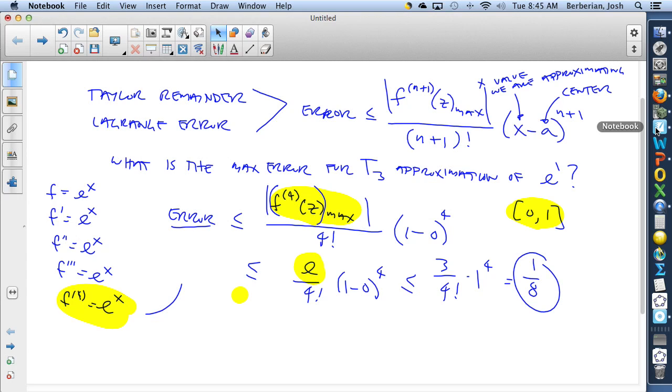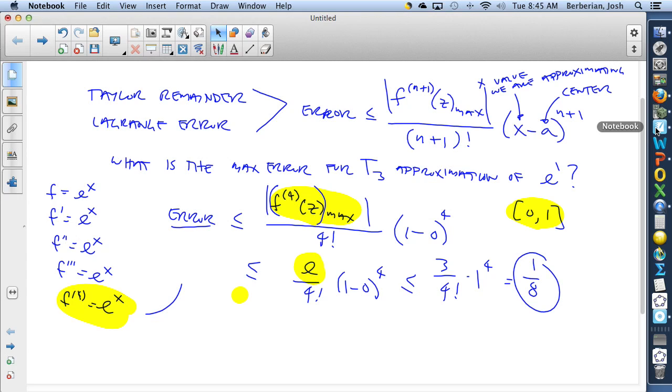You know, I don't think I said this, but I'm going to tell it to you. You're not going to see Lagrange error on a test or an exam, okay? I might put it on a group quiz or something like that. For those of you taking the AP, there'll probably be one question on the exam on Lagrange error, a couple points at most. Not that it's beyond you.